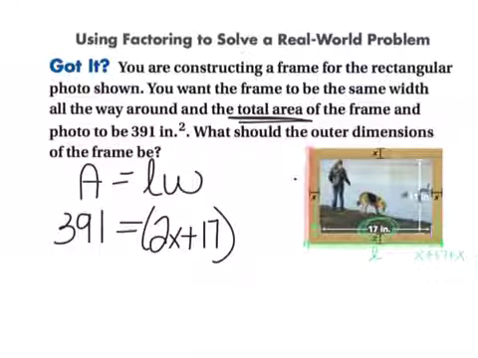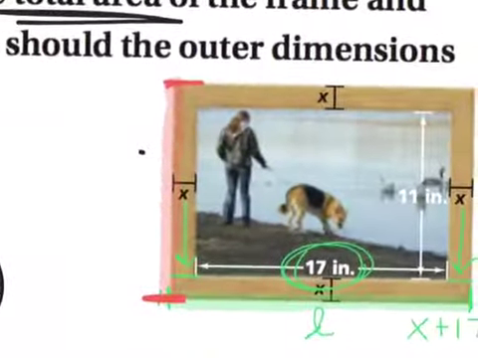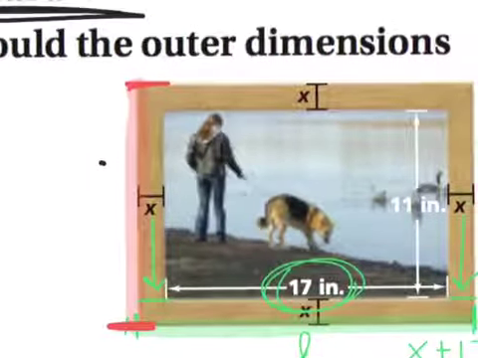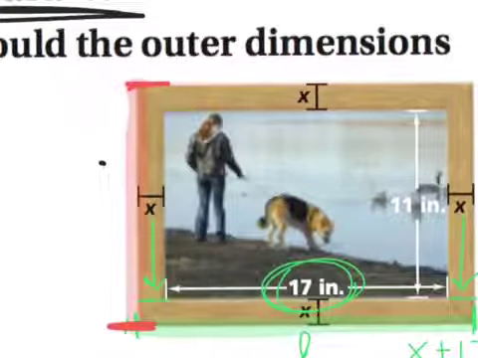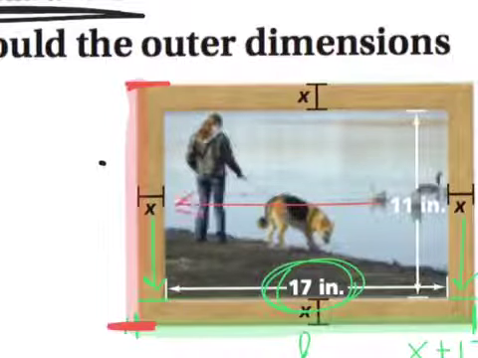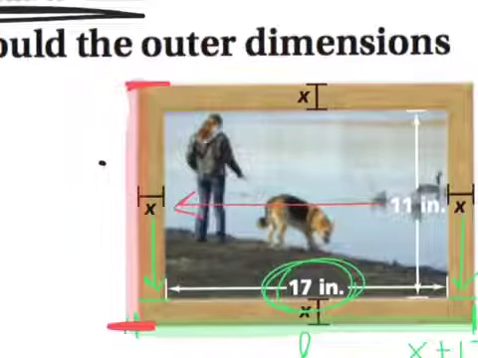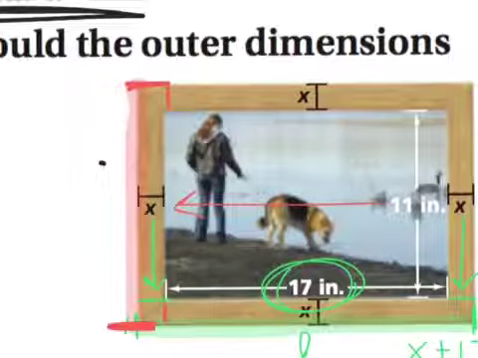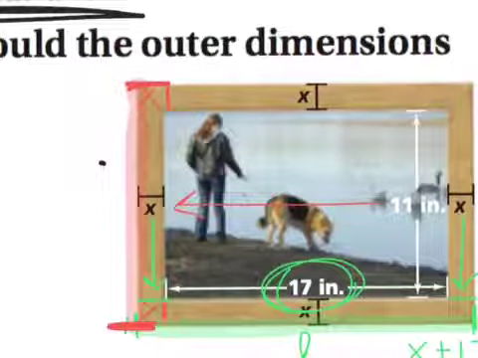Same thing when I look at the width. Remember, they want from here to here, and if I look at that picture, they're telling me that this inside part, since I know it's the same as the other side, is 11, but I have this extra space up here and this extra space down here, which is again the value of x.